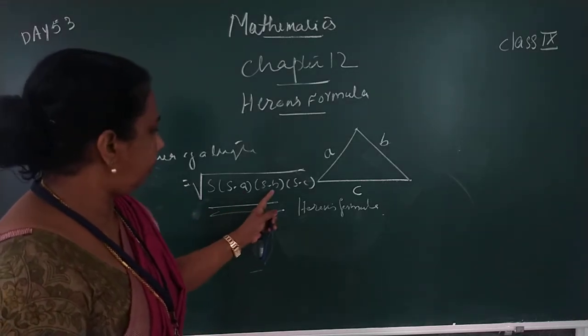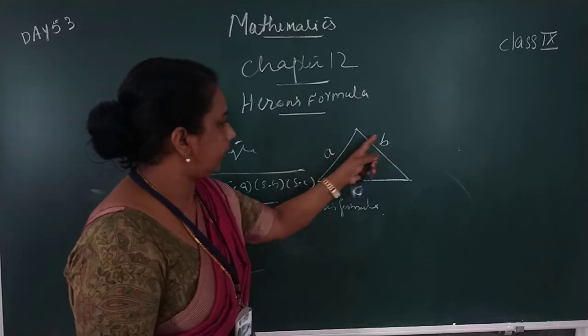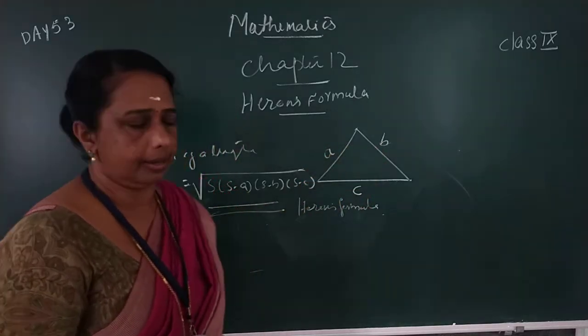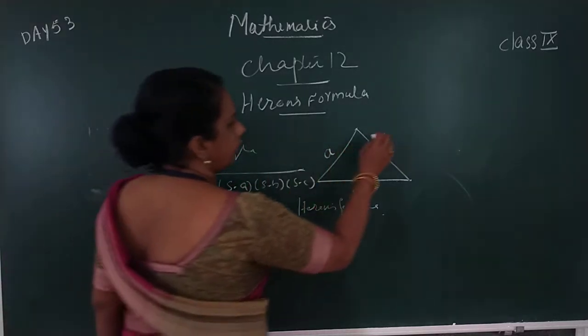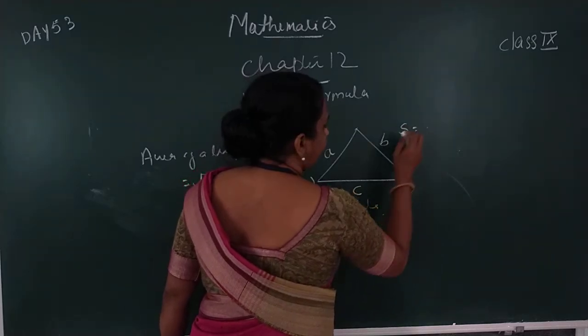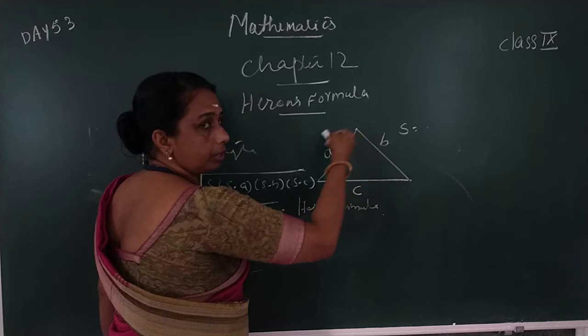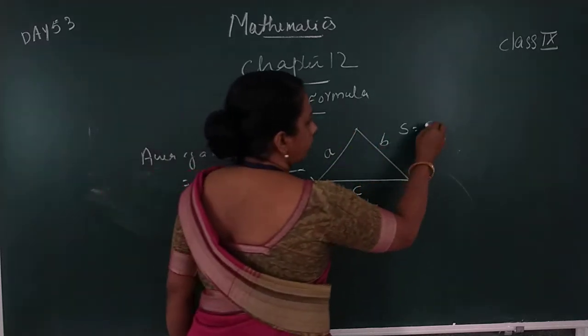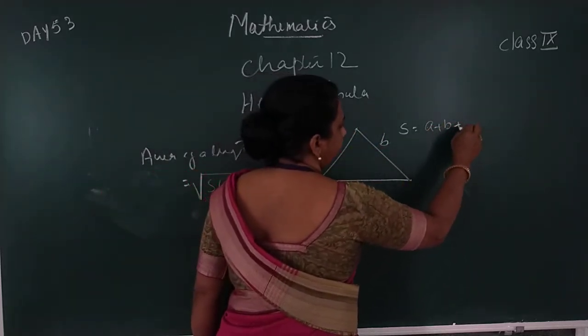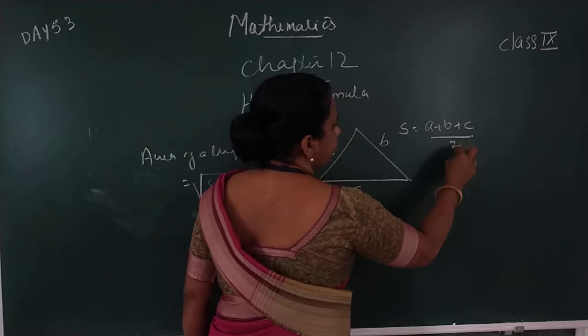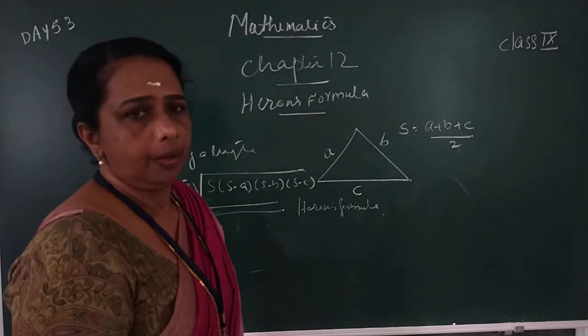Here, A, B, C are the three sides of the triangle and S is the semi-perimeter. What is perimeter of this triangle? Perimeter means length around the figure. This perimeter means A plus B plus C. Half of that is the semi-perimeter.